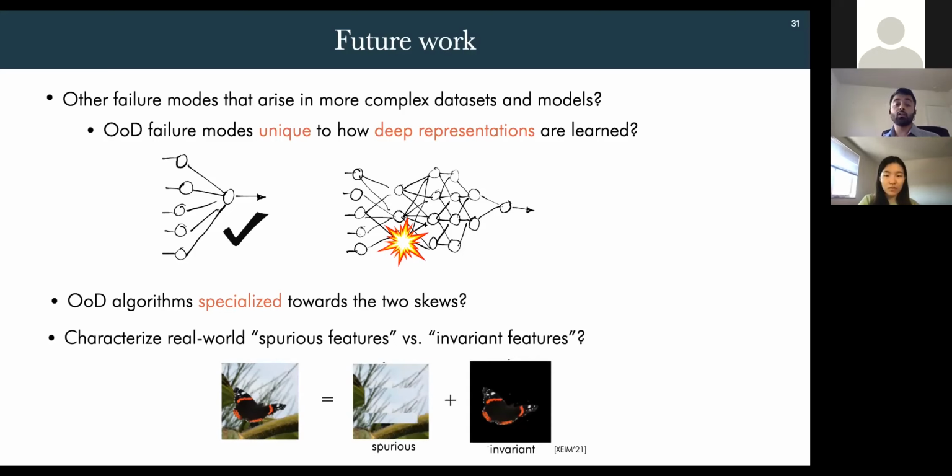What are spurious features and how can they manifest in the real world? Are backgrounds and texture the only kinds of spurious features we see, or are there other kinds as well? Understanding this will be crucial for us to develop a basic framework to think about out of distribution generalization, and to also develop theoretically sound solution techniques for it.